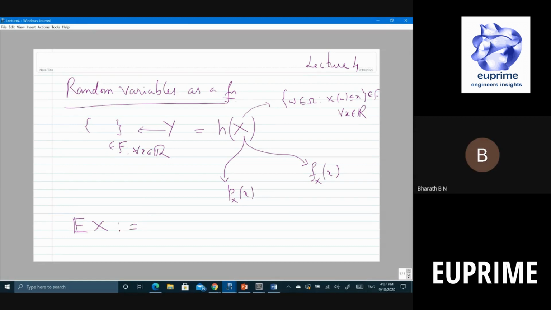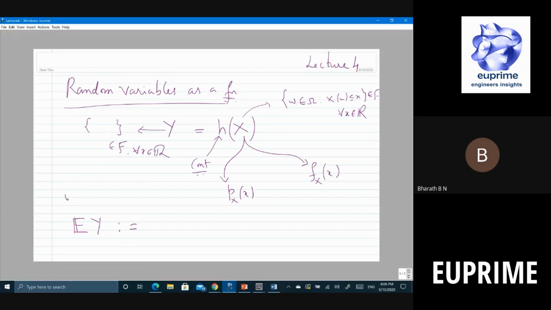By the way, if you take any function h of x, then y is always a random variable. Particularly if h is continuous, take this as an exercise: for those who love math, prove that y is a random variable.